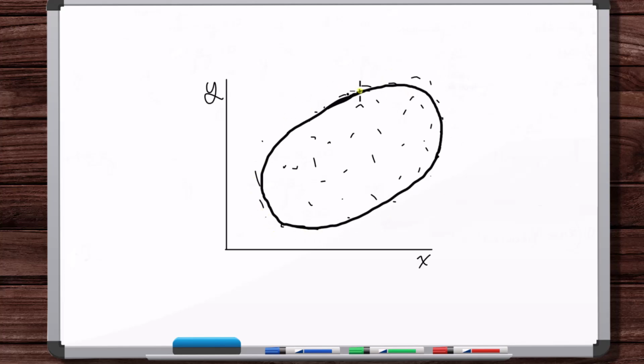Well, if you think about this as an ellipse, the SD line would be the major axis of the ellipse. It runs right down the center of the data. It's like a line of symmetry for the data points. And that's the line that the correlation coefficient is referring to.